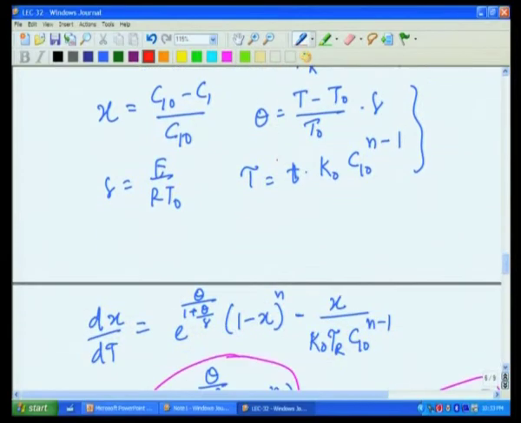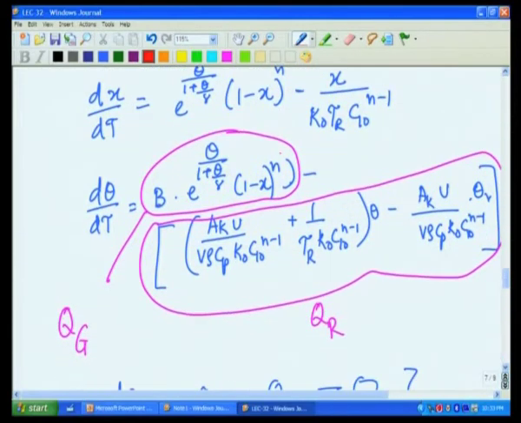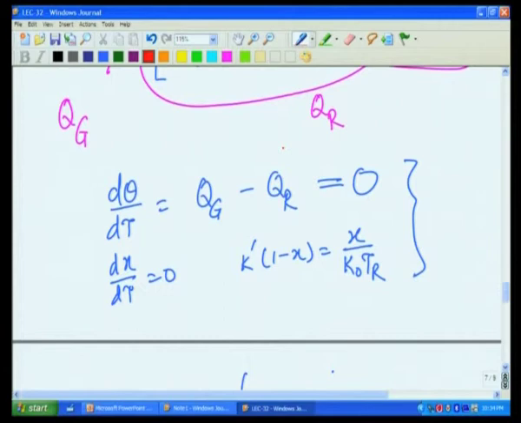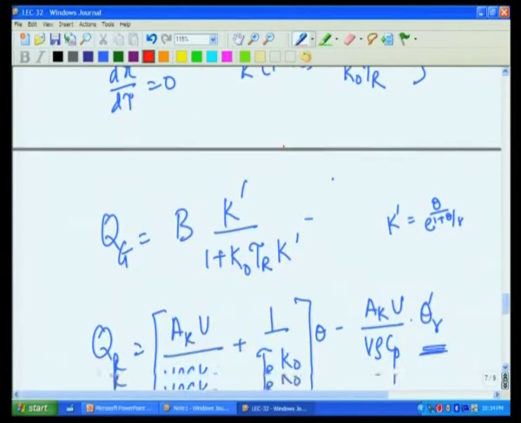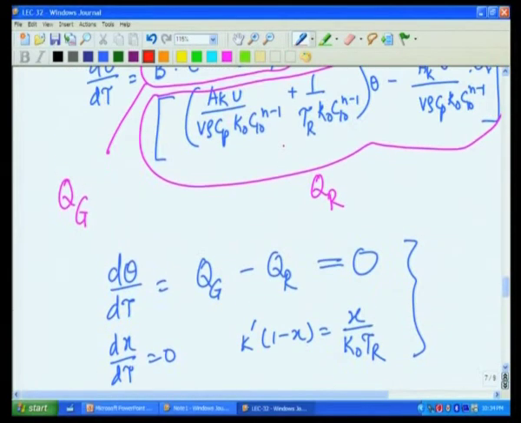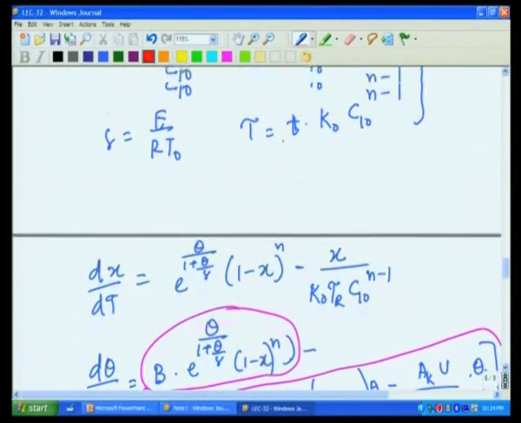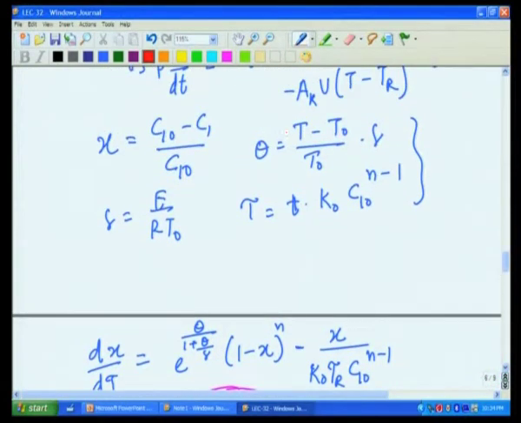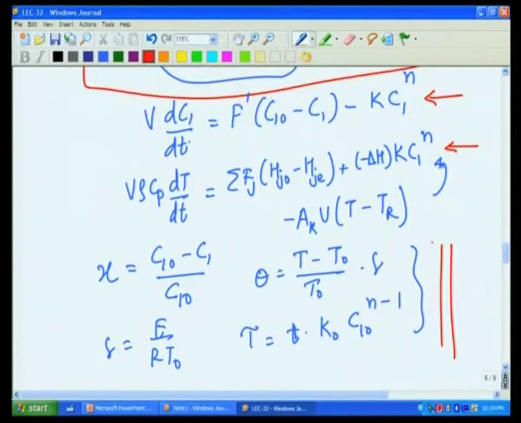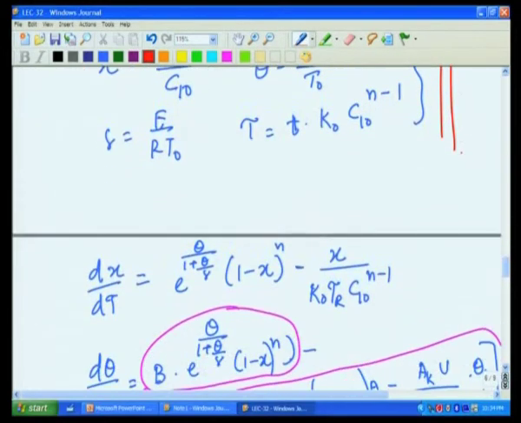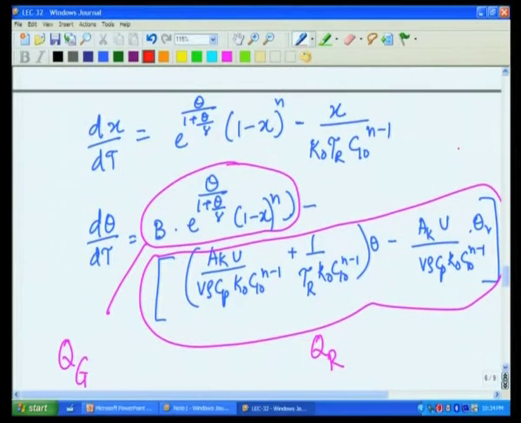So, what we did last time was we defined these non-dimensional quantities, and converted this dimensional form of mass and energy balance into the non-dimensional form of mass and energy balances.